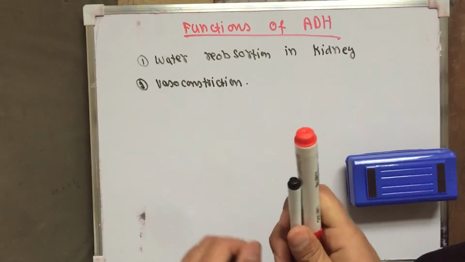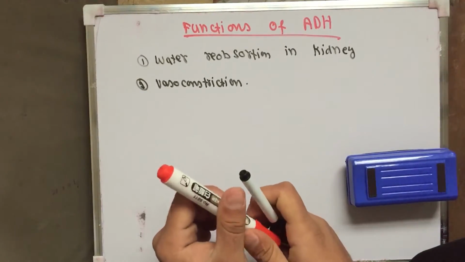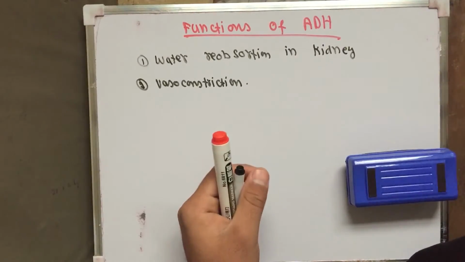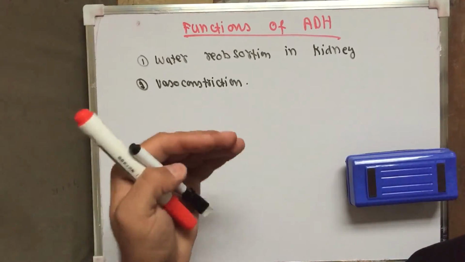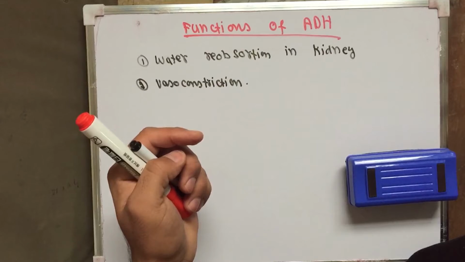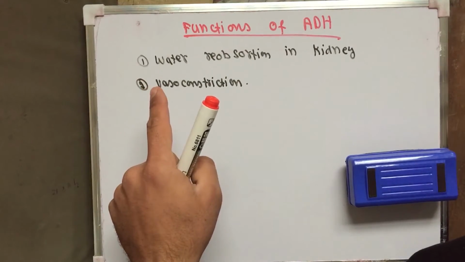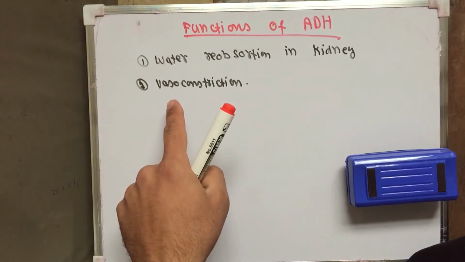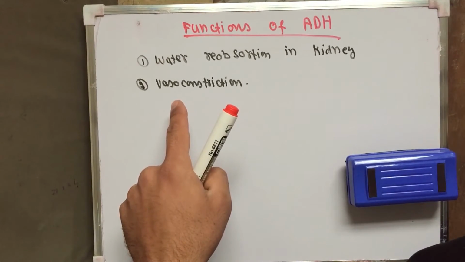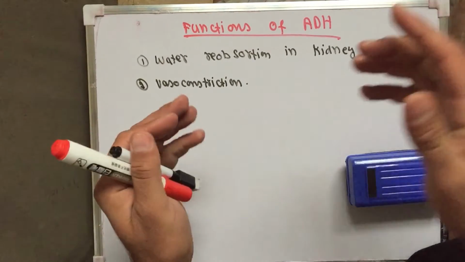Now, how does antidiuretic hormone act on the kidney to perform the process of reabsorption? We will discuss the mechanism of how antidiuretic hormone acts on the kidney and increases the reabsorption of water.